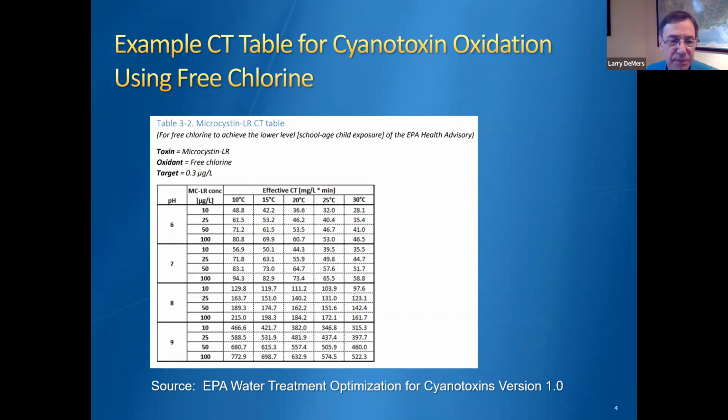It's just one of the tables out of that document that shows the effective CT required based on certain specific concentrations of, in this case, microcystin-LR. And CTs are impacted, similar to disinfection of pathogens with chlorine anyway, by the pH of the water as well as the temperature of the water.